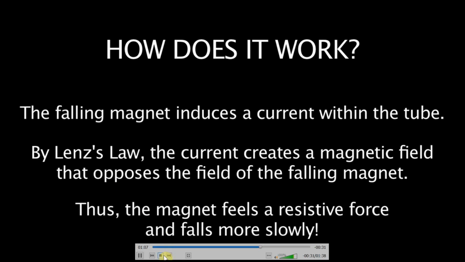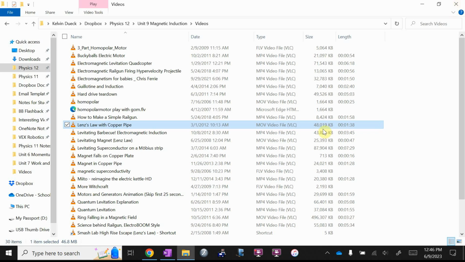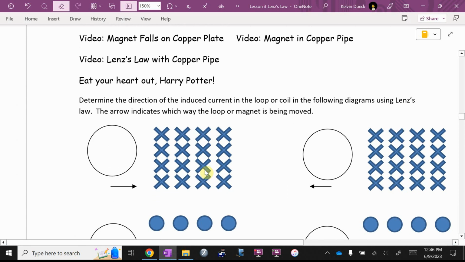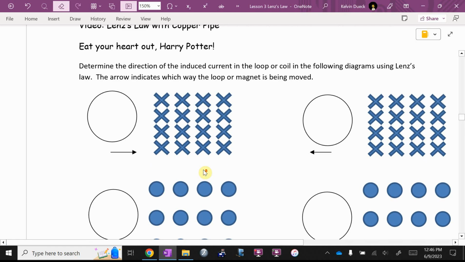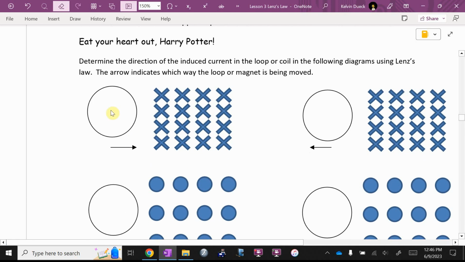Back to notes. Says determine the direction of the induced current in the loop or the coil in the following diagrams. Okay, we're going from no magnetic field to, oh, Ella, what direction is this magnetic field? So our final magnetic field is which direction?